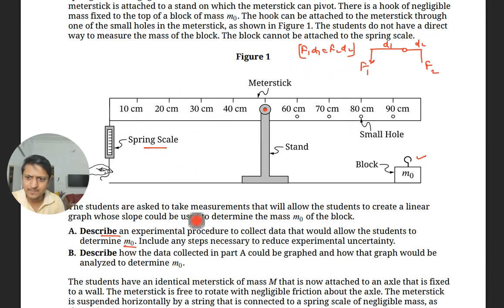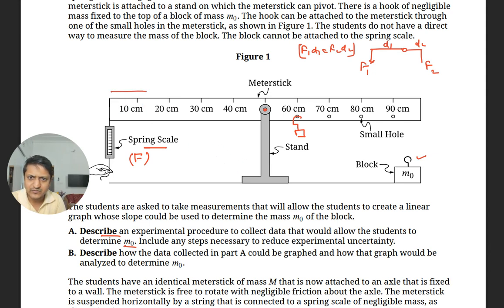So for this you have to say that we will put this hook into the different holes and we will collect data of the force from the spring scale. So for each hook position there will be different values.